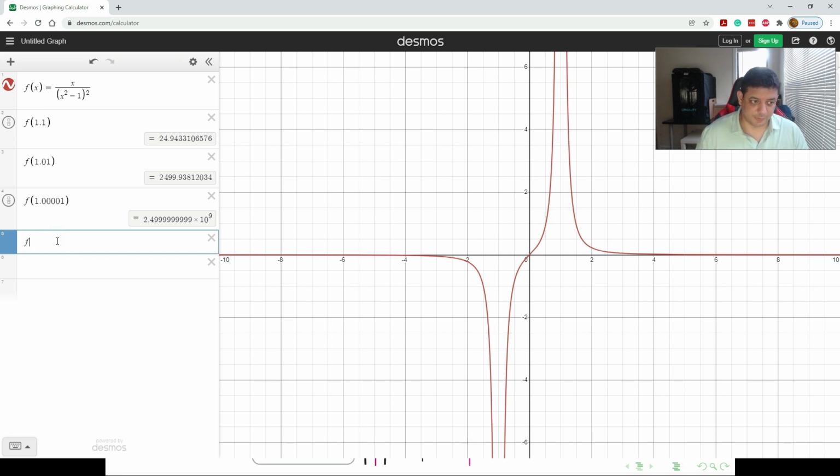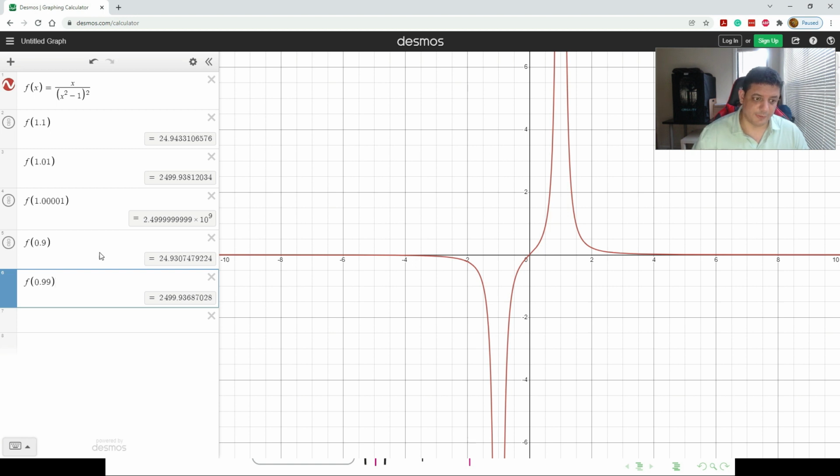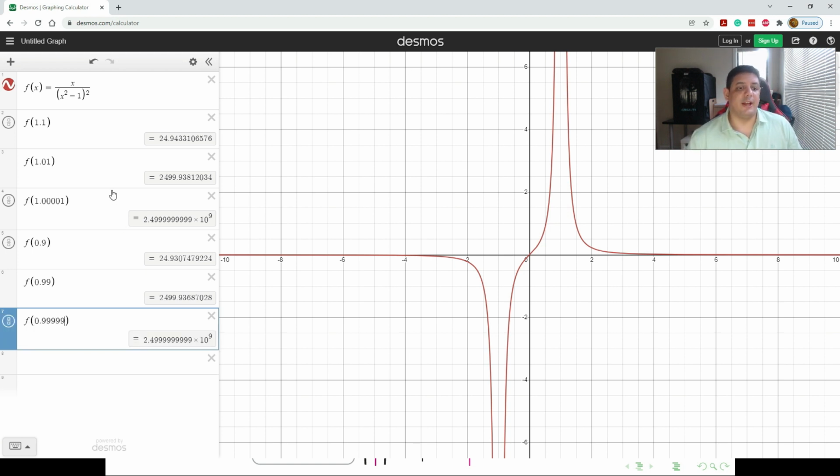So I'm going to take some values on the left side, 0.9, and now f of 0.99, and finally f of 0.9999. You notice that every time I'm getting closer and closer, the value is getting larger and larger. So this means that this is going to go to infinity.